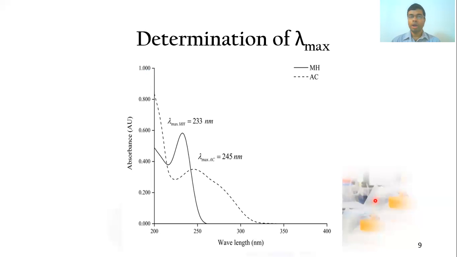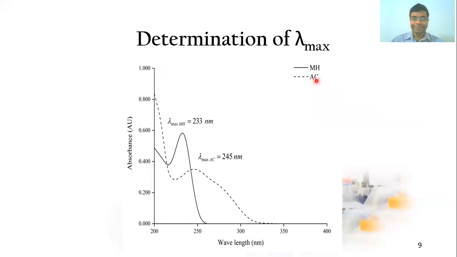So let's look at how we determine the lambda max. We choose the correct solvent for each of the drugs, and then we scan our drugs using UV visible spectrophotometry to obtain these curves. If you look at the MH, you can see a peak coming around here, at a wavelength of 233 nanometers. So it gives the highest absorbance at 233 nanometers.